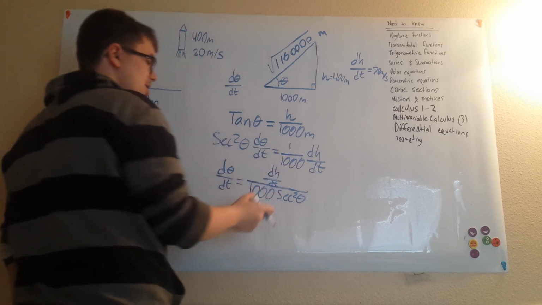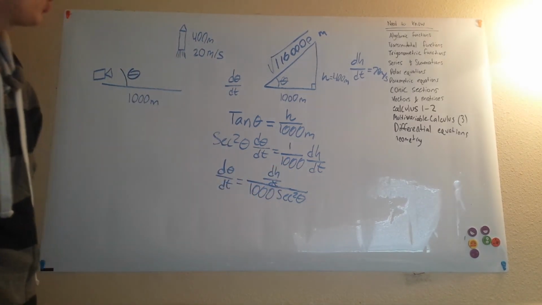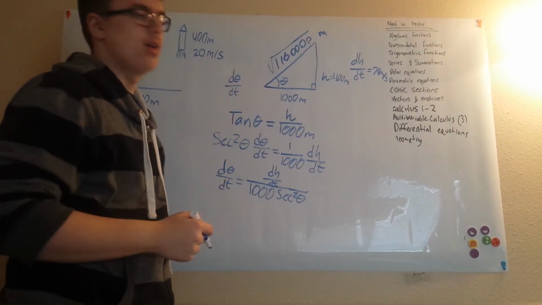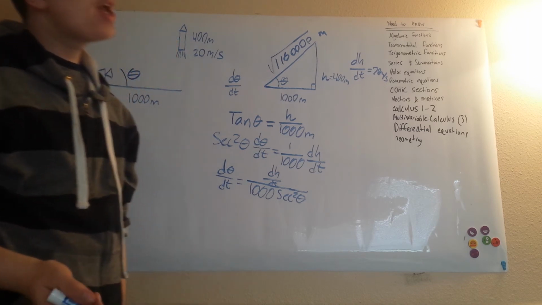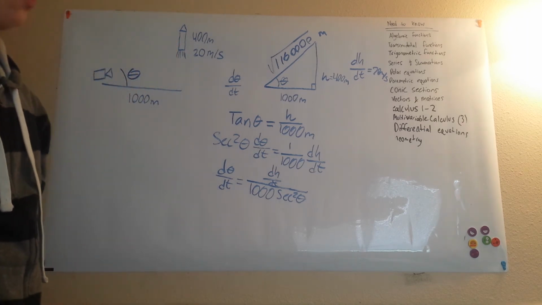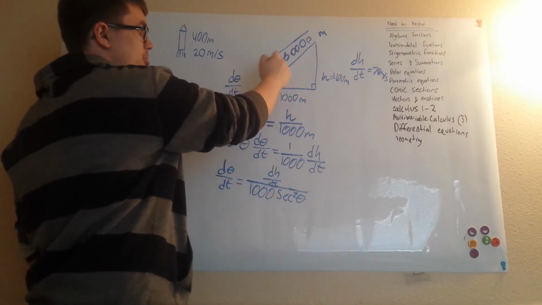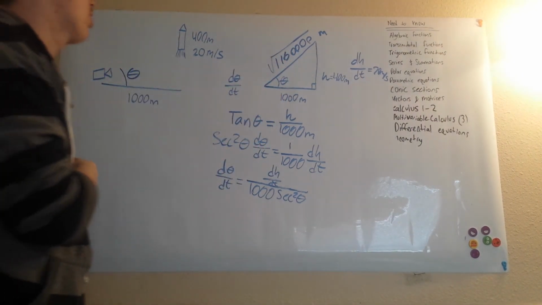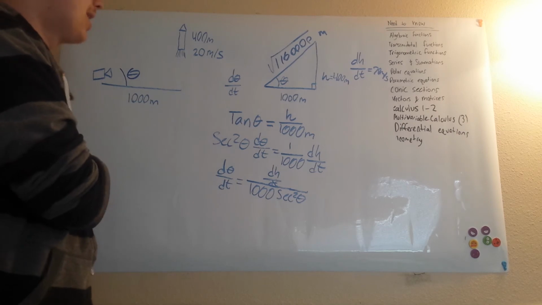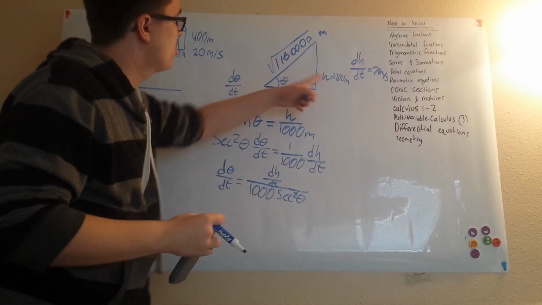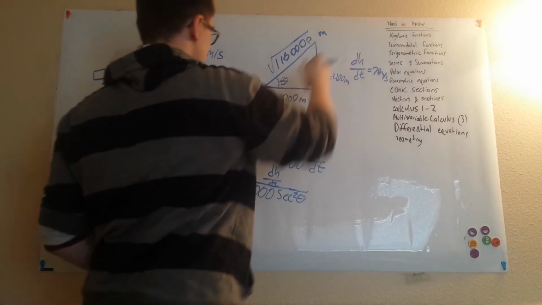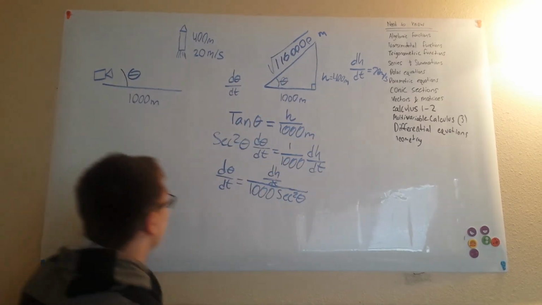So we have to know dh dt, and we have to know secant squared theta. Well, what's the secant theta? Well, the secant theta is 1 over the cosine theta. So it's hypotenuse over adjacent. And we know we have to square that. But we know dh dt. Wait, we know everything now.